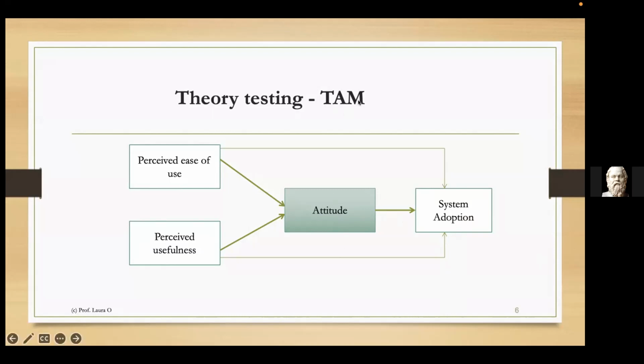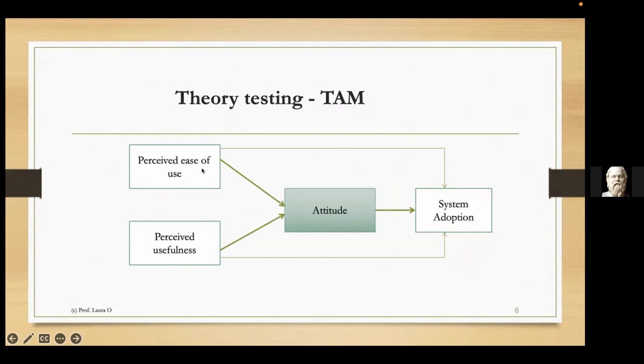And actually, if you go to the original document by Davis, the author of the Technology Acceptance Model, he even goes ahead and provides the questionnaire items. He has different questionnaire items for perceived ease of use, perceived usefulness, attitude, and system adoption.